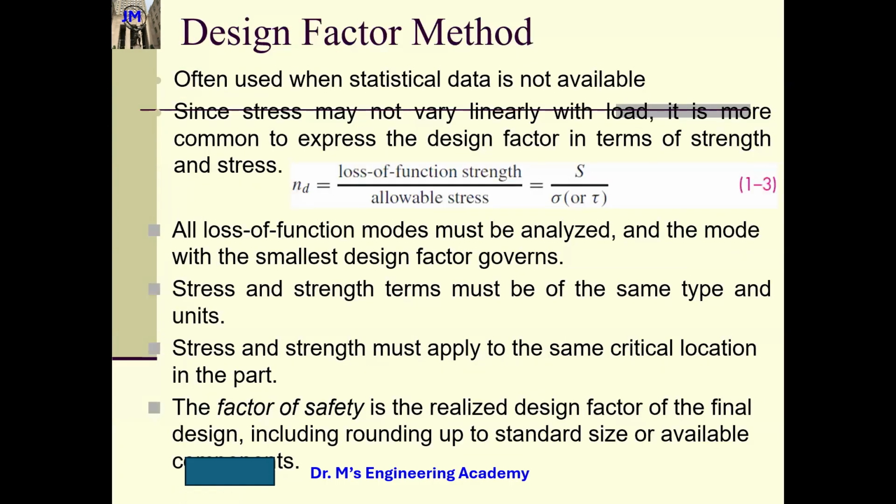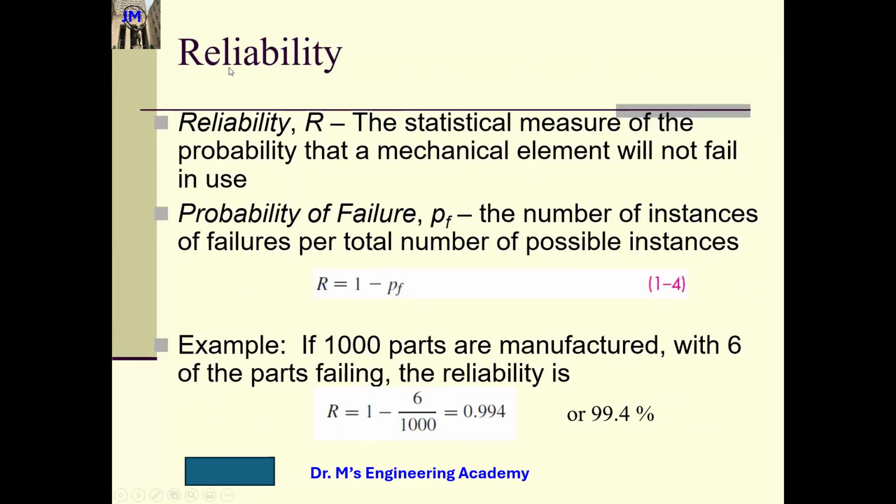It's okay, guys. So reliability. Reliability is a statistical measure of the probability that a mechanical element will not fail in use. Probability of failure, PF. F means failure, P means probability. It is the number of instances of failure per total number of possible instances, and R equals 1 minus PF.